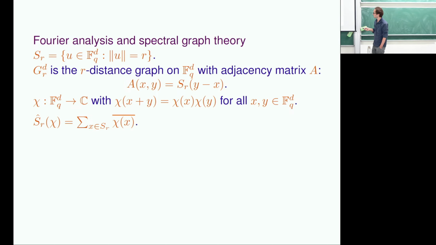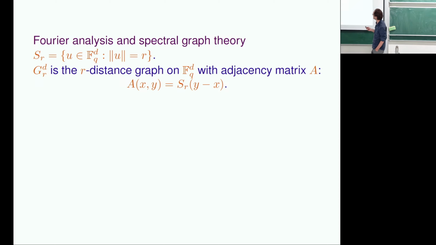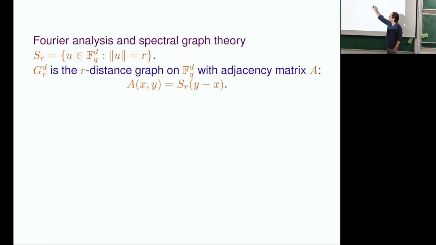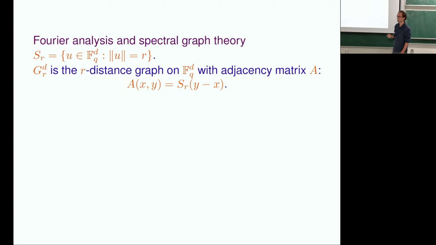Can I ask something? I'm a bit confused with the notation. So S_r is a set of points, right? Yeah, so I'm using the same notation for the set and the indicator function for the set. So S_r is a function on Fq to the d that takes a value 1 if the given vector is in the set S sub r.